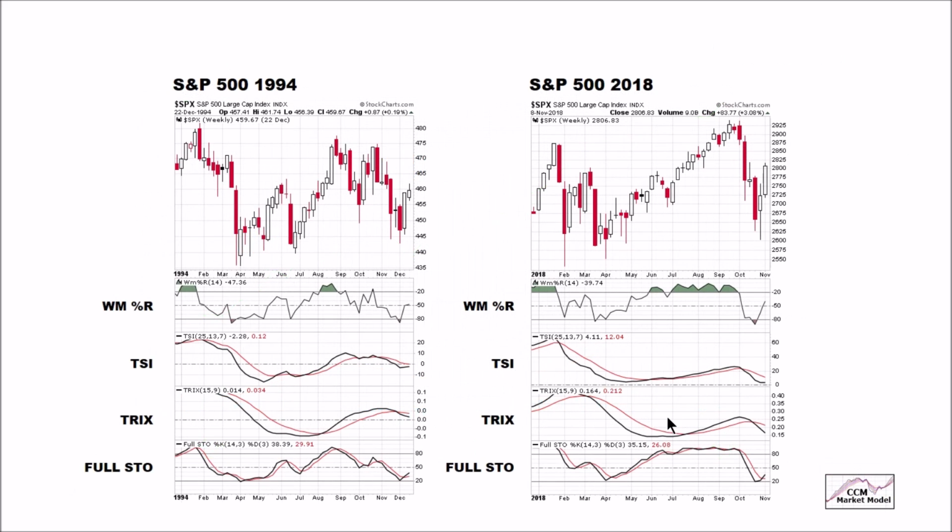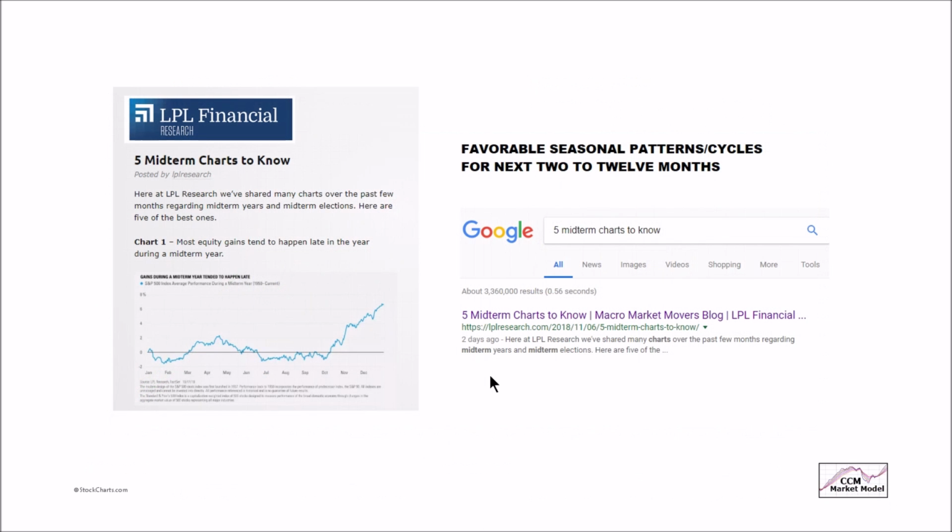Are there any other reasons to believe that we could be trying to put in a low in the present day similar to this low in 1994? Yes. As we've covered in our Twitter feed, there are favorable seasonal patterns and cycles for the next 2 to 12 months. To simplify things, you can Google 5 midterm charts and see this excellent post on LPL Financial's website.